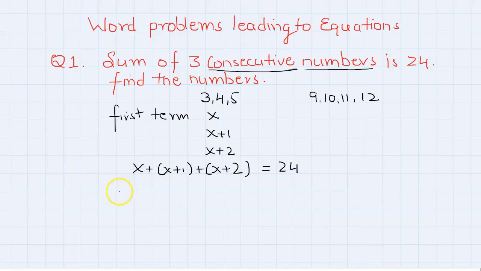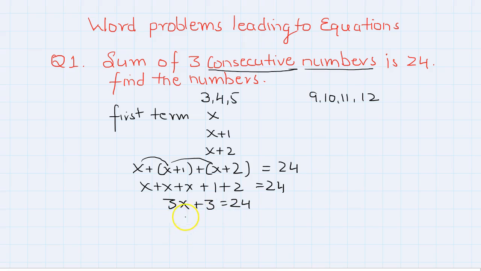So if we add this, then x plus x plus x, plus 1 plus 2 is 24. So 3x plus 3 is 24.